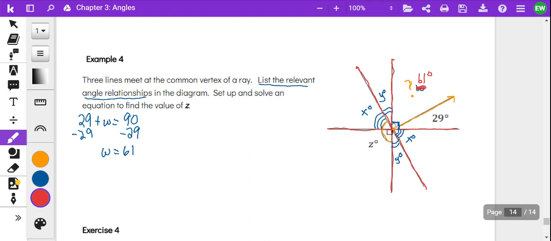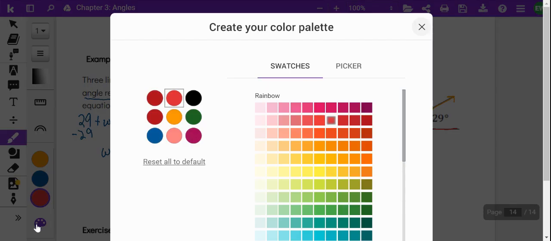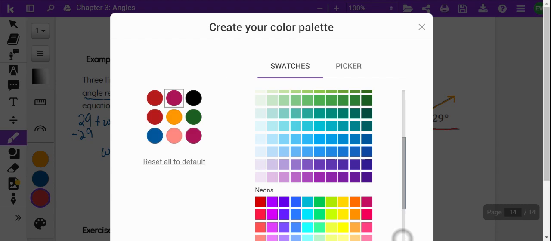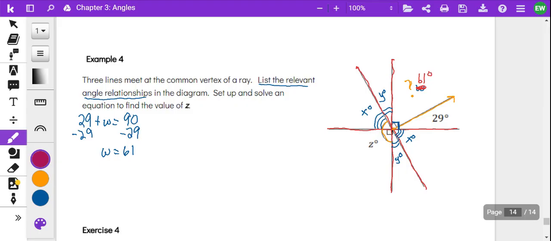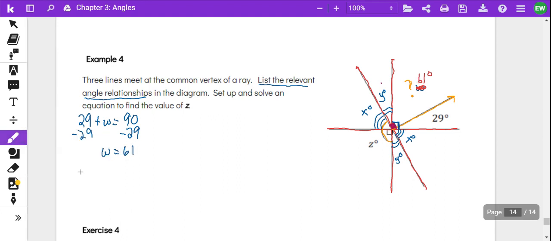So you can't really see it anymore. I'm going to get a different color in here. I'm going to choose pink. But there was a little right angle right here, okay? And that was a combination of Y and W. But now that we know W, we're going to say Y plus 61, which was W, equals 90.